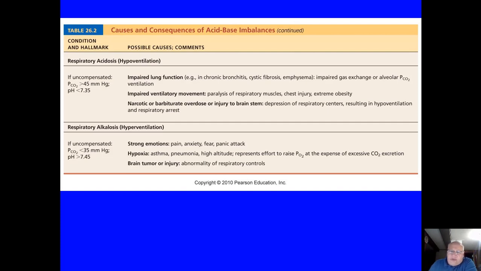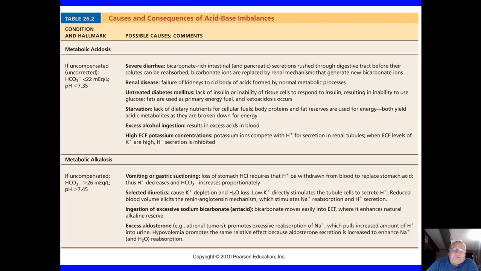That's what the PO2 means, the partial pressure of oxygen in the air you breathe. Now, as you increase your respiration, that's great, you're getting more O2 in there, but it's at the expense of excess CO2 excretion. So you're pushing the pH above 7.45. Sometimes you can also have a brain tumor or injury, and that's going to cause abnormality to respiratory controls.